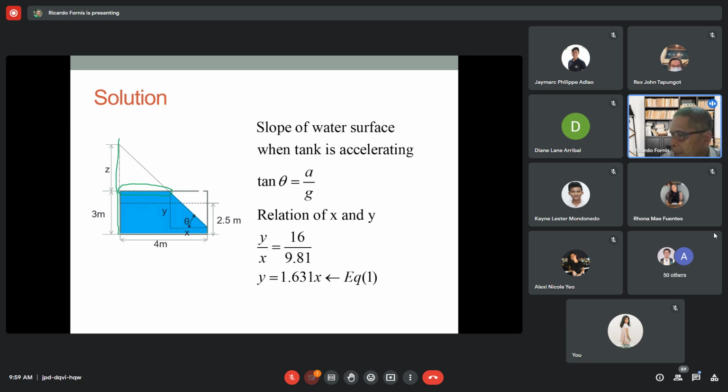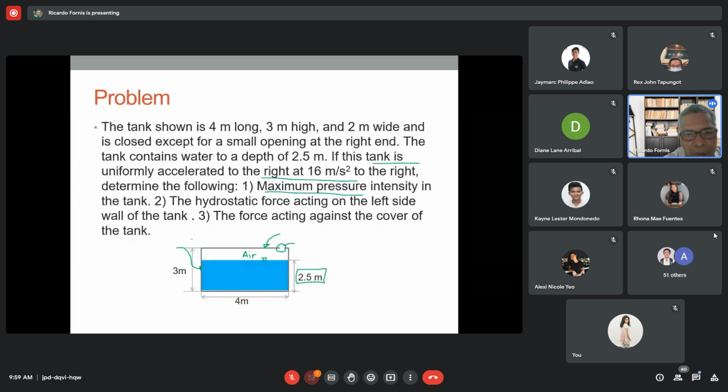Well, geometrically, if we apply geometry here, I believe you will agree with me that the volume in the original space would be equal to the final space, because no water escaped from the container.